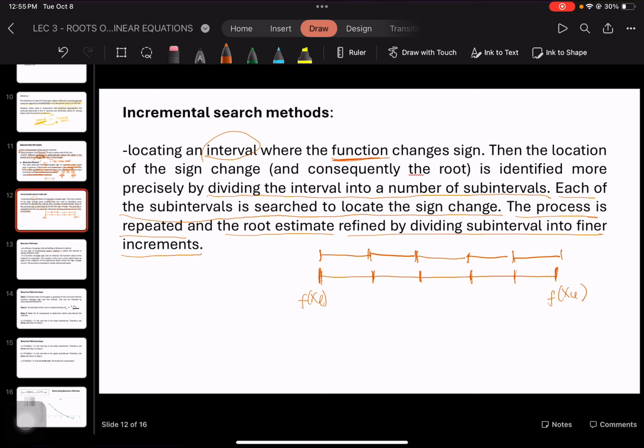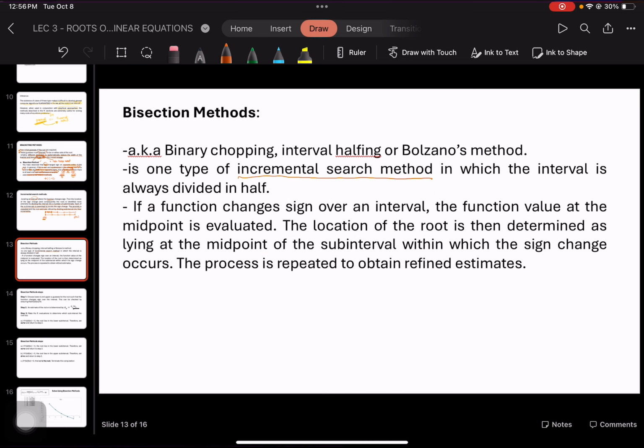So, if malaman mo na nandito pala siya, between this one and this one, may change in the sign of the function. So, dito ka na mag-focus and then i-narrow down mo siya until you home in on the root estimate. Okay, so yun yung incremental search method. Ito yung sinasabi dito na yung bisection method daw is one type of incremental search method.